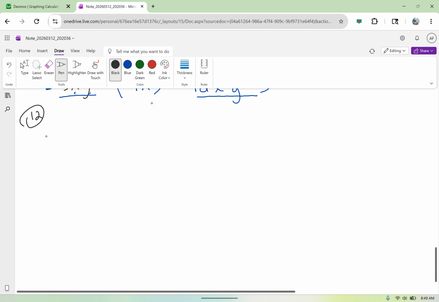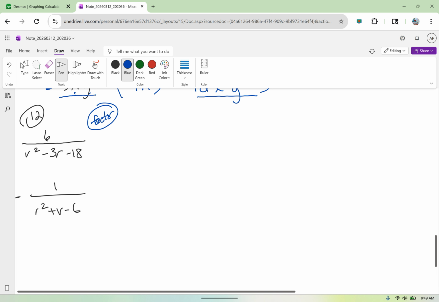I'm going to hug the side. 6 over r² minus 3r minus 18, minus the fraction 1 over r² plus r minus 6. So in order to proceed, we first need to factor. We need to factor first to see what we're dealing with.